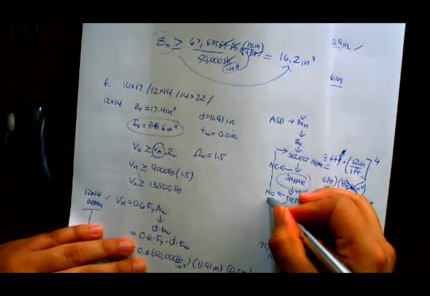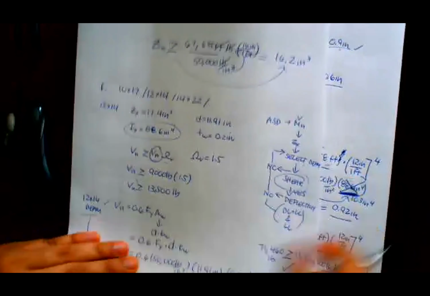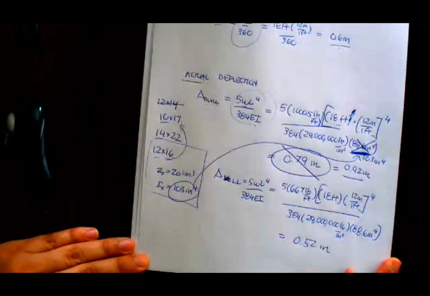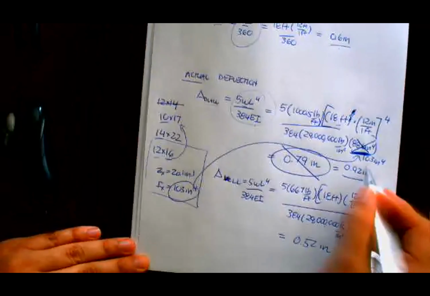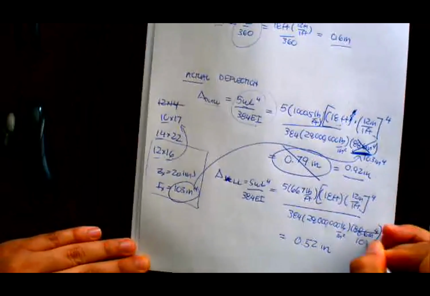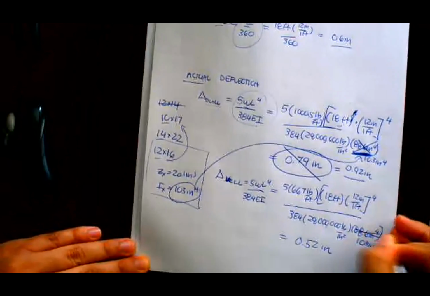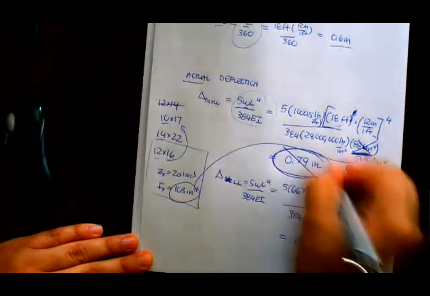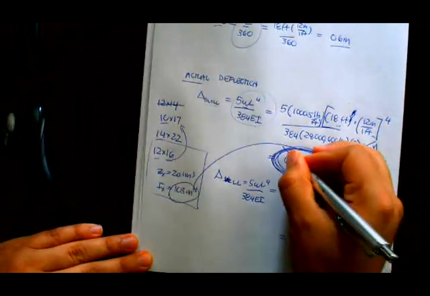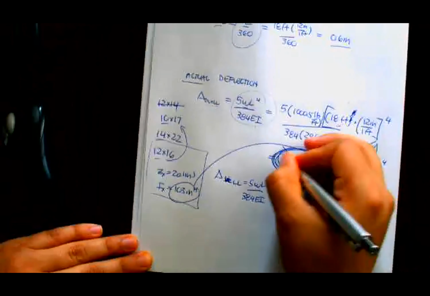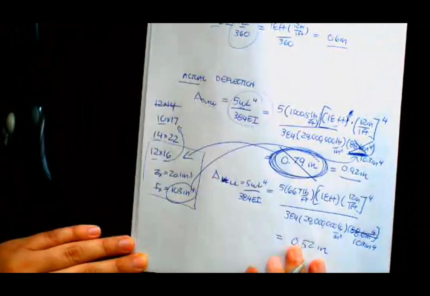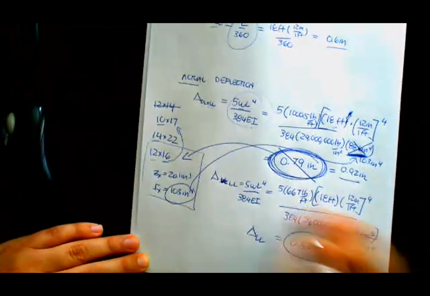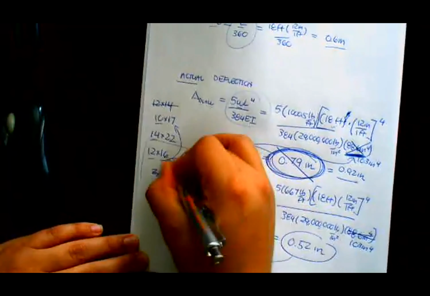And if no, select new beam. So I selected a new beam and updated the I values. This is going to be 103 inches to the fourth now, and this is where the 0.79 came from. The 0.79 is for the 12 by 16. The 0.52 is the deflection of just the live load for the 12 by 16.